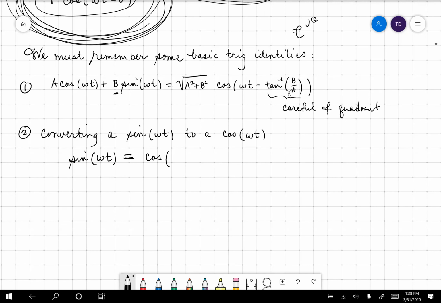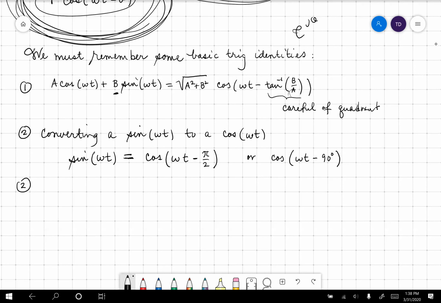So this is cosine of omega t minus pi over 2, or if you like degrees, cosine of omega t minus 90 degrees. There are times that we're going to have sines and cosines, but they either all need to be cosines or all need to be sines. So we'll need that formula.